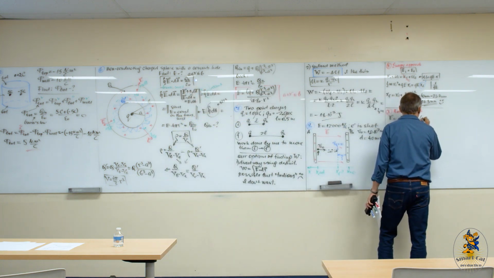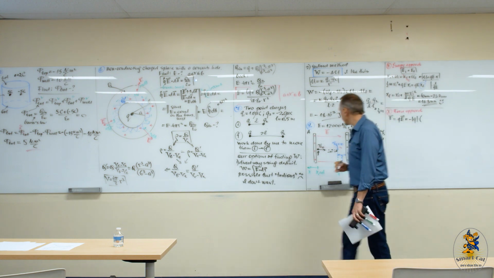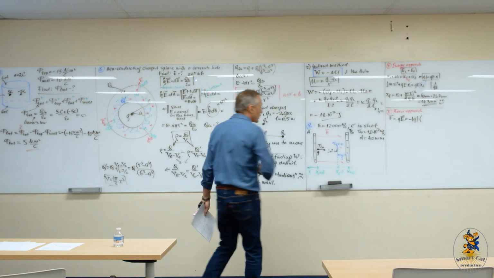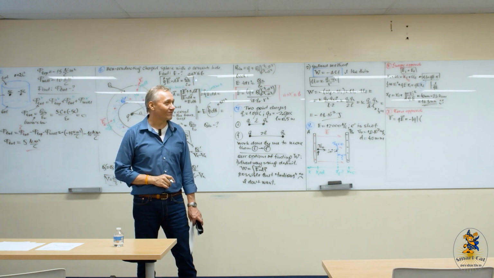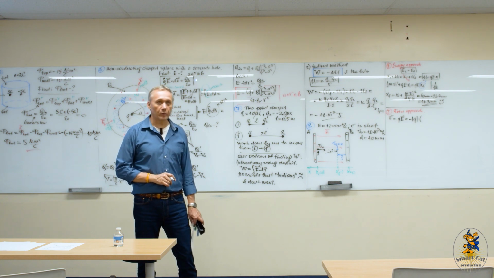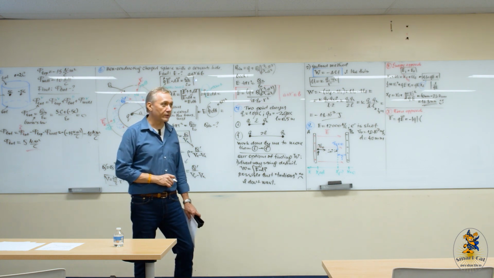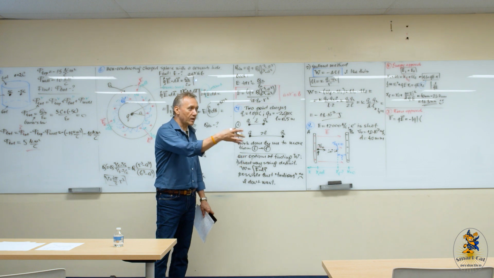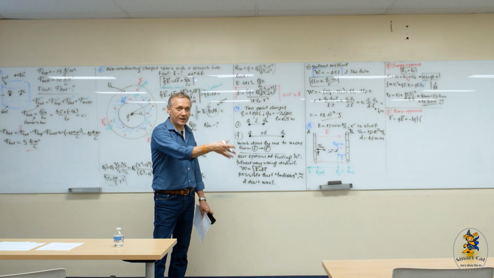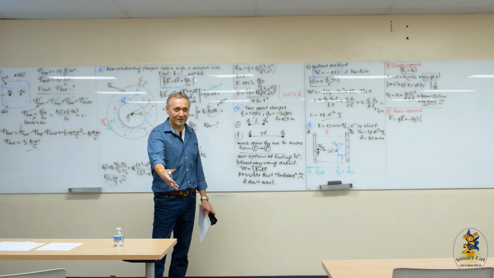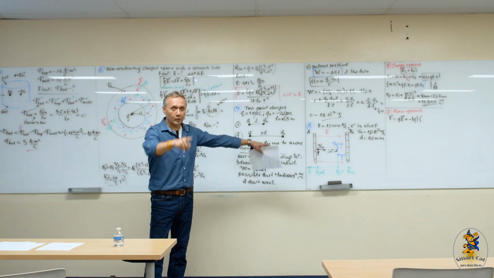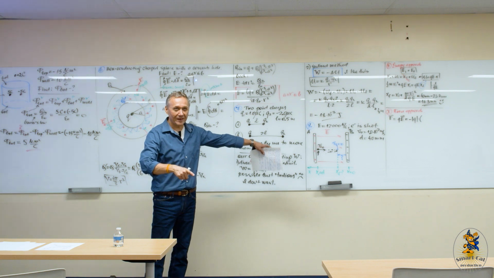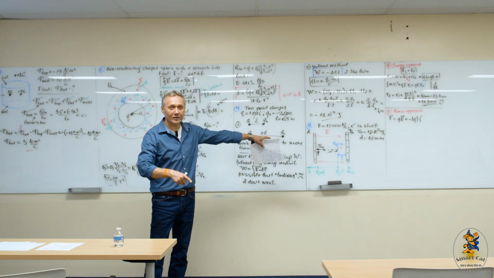Then, the electric field. What's the direction of the electric field? Is it positive or negative as a one-dimensional vector? Positive means it's in the direction of the positive x-axis. Negative means it's in the opposite direction. Look at the x-axis and at the picture, and at the direction of the electric field.